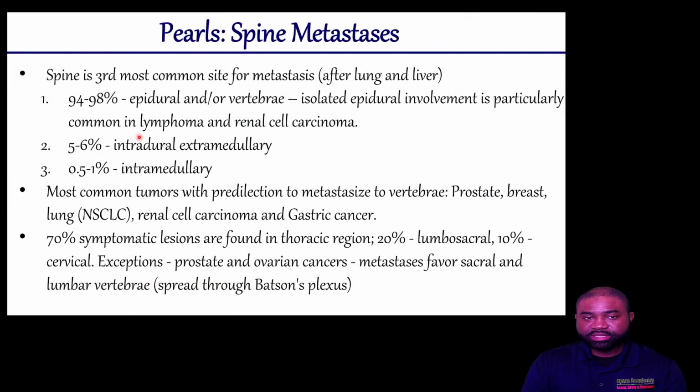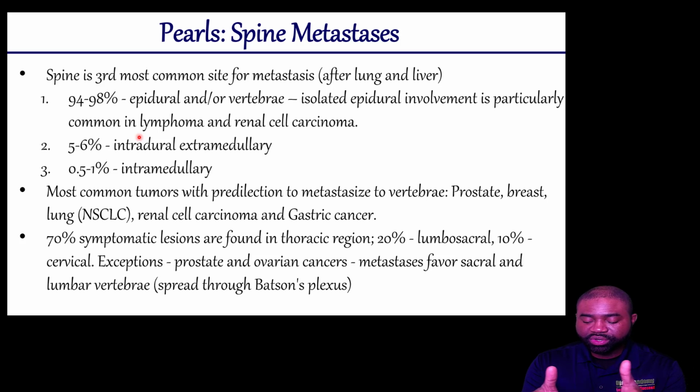And so for spine metastasis, typically it favors the vertebrae simply because it has a reservoir of large volumes of blood that slowly courses through the bidirectional venous channel, what we call the Batson plexus, in the epidural space.